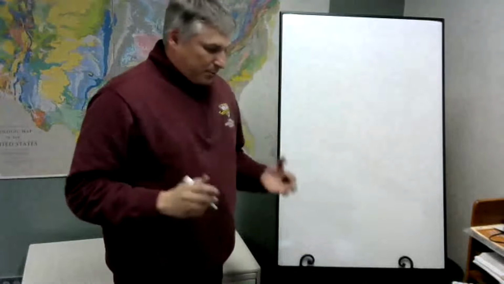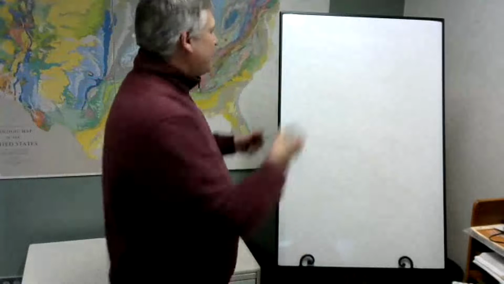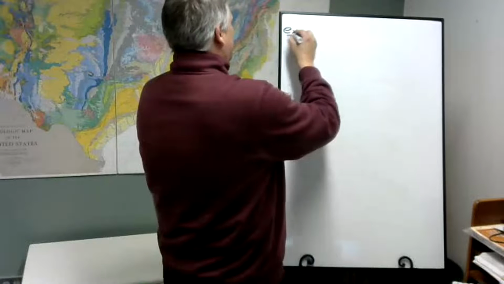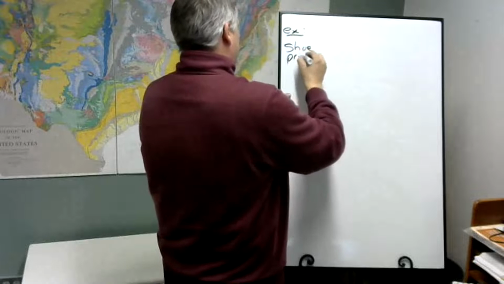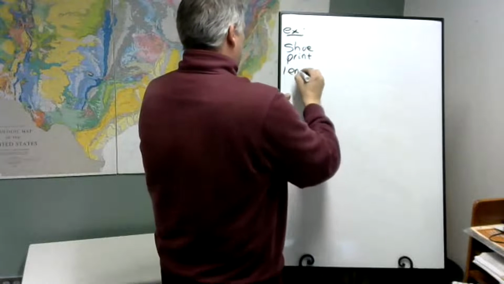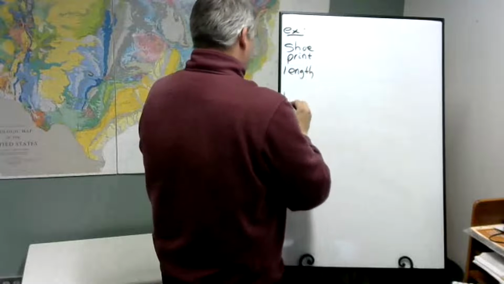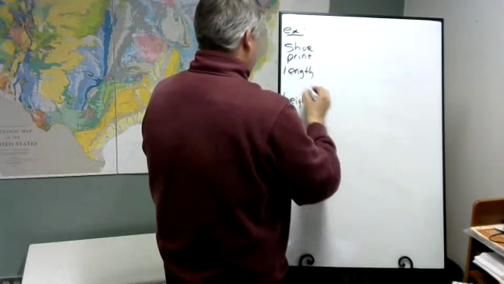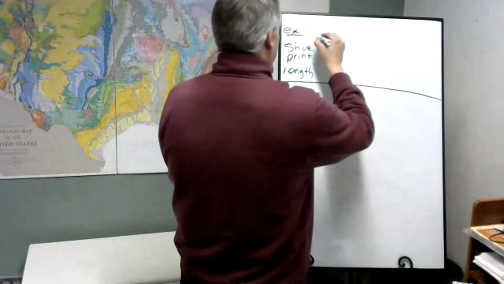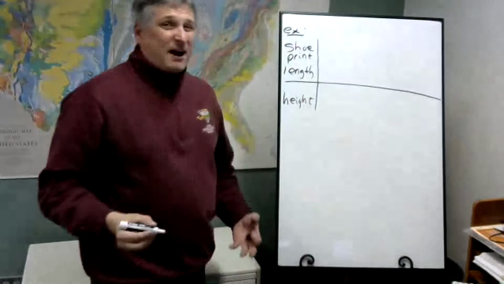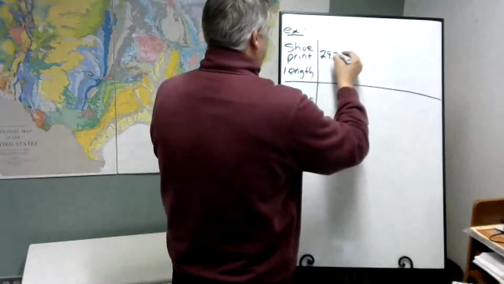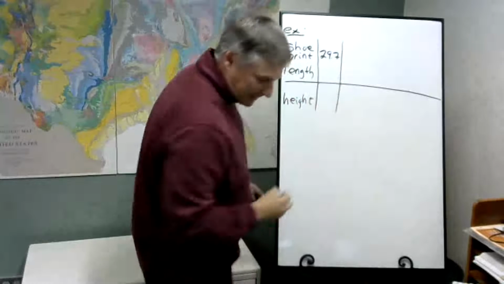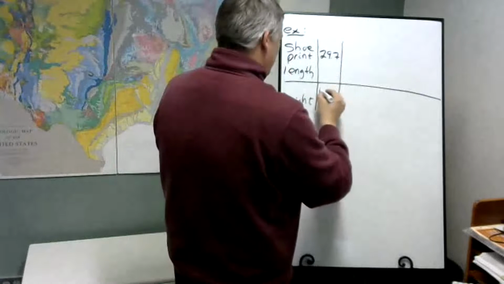So we're going to look at shoe print length versus height. Now, there's going to be a problem here. We're only going to have 5 points or 5 pairs. And sort of like with experiments where you don't have a lot of data collected, you might not see the effect.